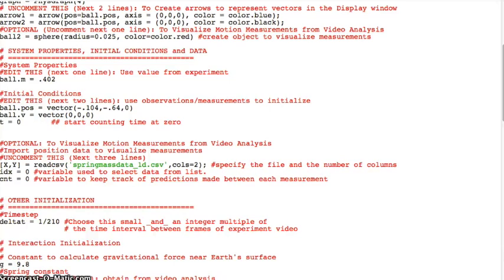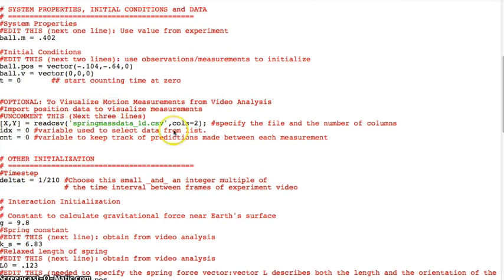Here is the code that I used to create the model, in order to compare both the observed and the computer-made model. Here we have my initial velocity, which was 0, and the initial ball position, which was at negative 0.104, negative 0.640.